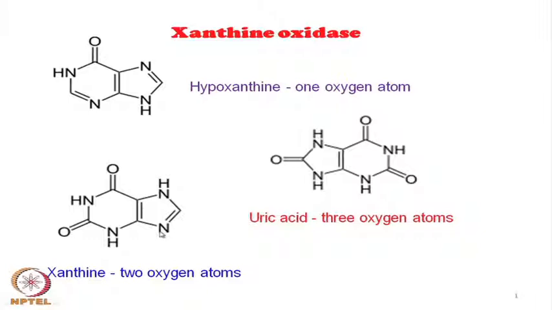So, this particular nitrogen can go and bind to the molybdenum center very easily. So, if we consider that xanthine is the substrate, the substrate can go very nicely onto the molybdenum center, and that molybdenum center bearing the oxygen atom, that means the molybdenum oxo site, that oxo group can be transferred onto this carbon, which is in close vicinity of the molybdenum site, and we get the typical hydroxylation reaction.